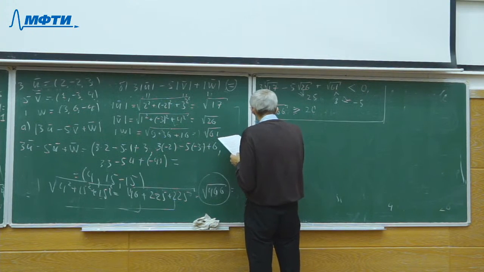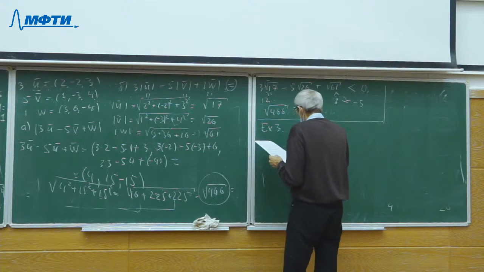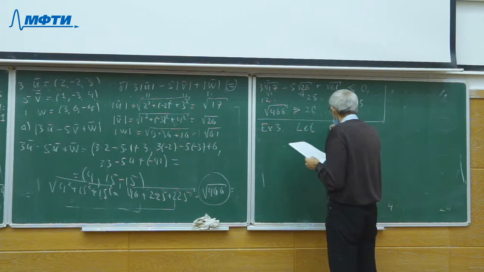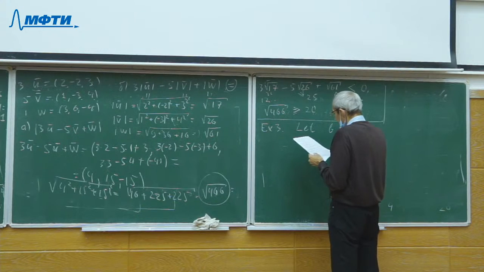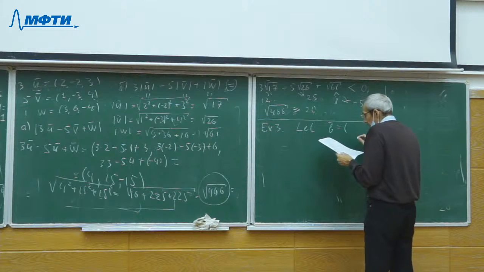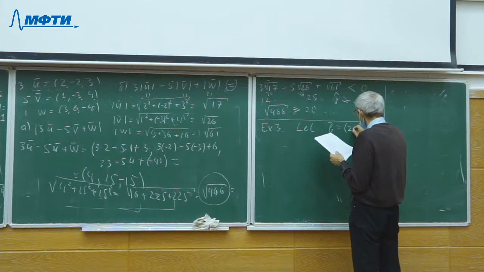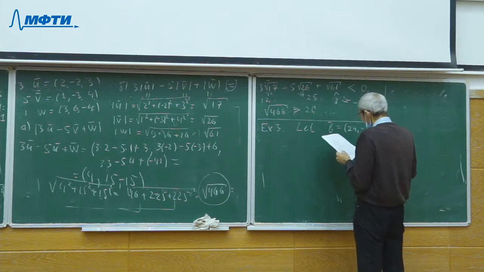Let vector B have the following coordinates: 24, -5.